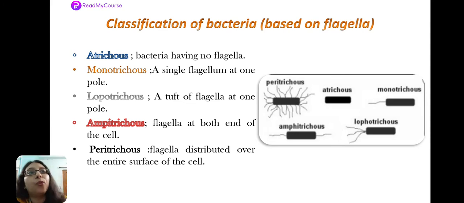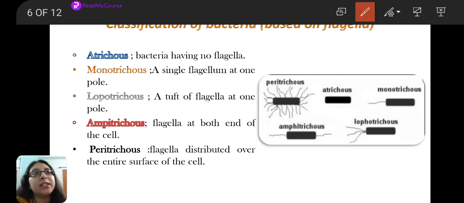Next comes Monotrichous. What is Monotrichous? That is when the cell is having a single flagella. Then we have Lophotrichous. What is Lophotrichous? It means a tuft of flagella only at one pole. This is the example of a Lophotrichous cell. Then we have Amphitrichous. Amphitrichous means from both the ends of the cell we have flagella. This one.